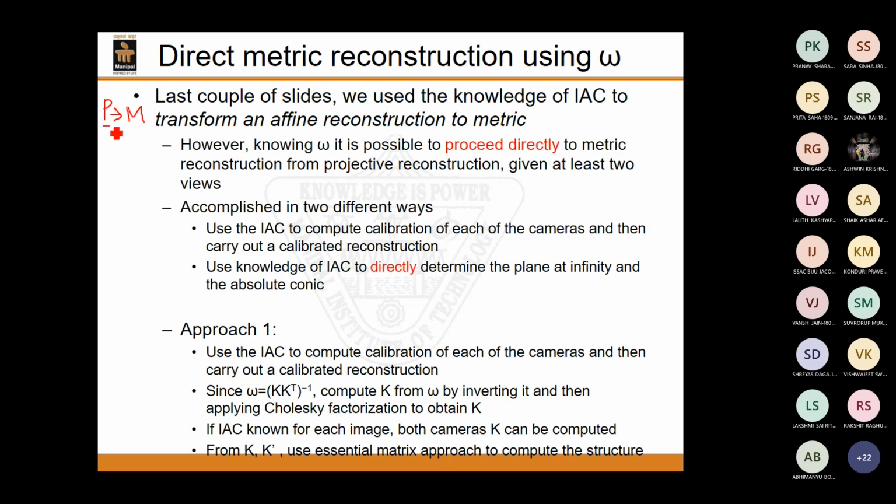From the projective reconstruction we can directly rectify to the metric reconstruction. In order to do that, we use the information of the IAC, the image of the absolute conic, which is given by omega. This information can be used to do a direct reconstruction, okay.